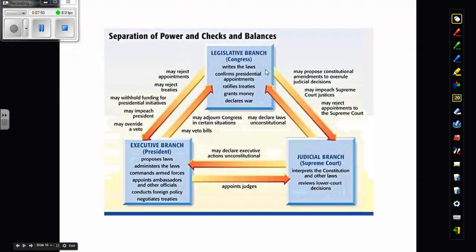All right, so you'll see here you have both what they can do, which is the separation of powers, and then you have their checks and balances over here as well. And so this is an example of both separation of powers and checks and balances.